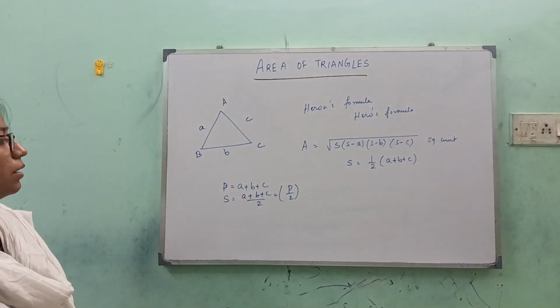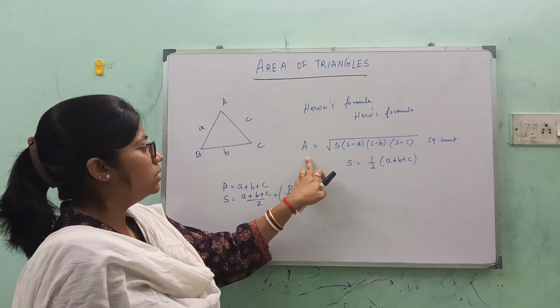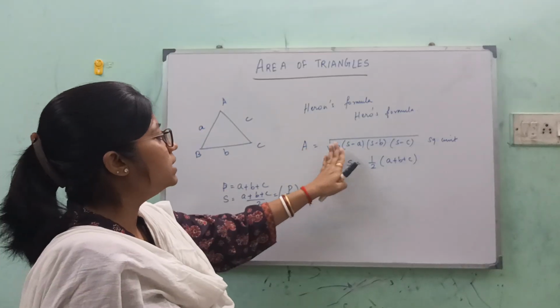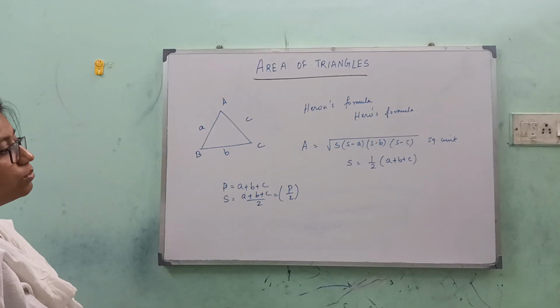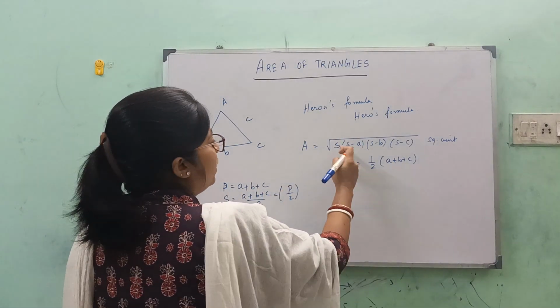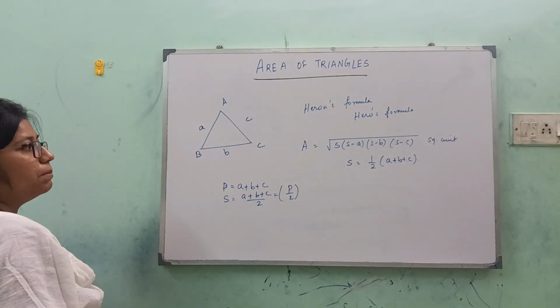So here the area of the triangle by Heron's formula is square root of S into S minus A, S minus B, S minus C, and S represents the semi-perimeter, that is half of A plus B plus C.